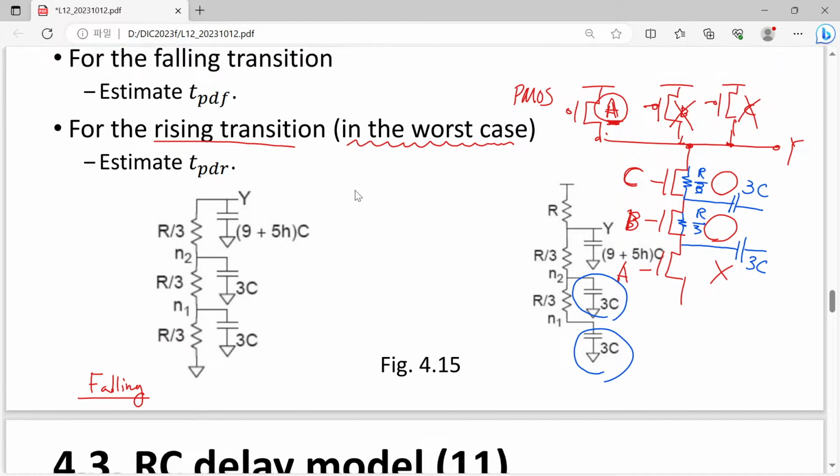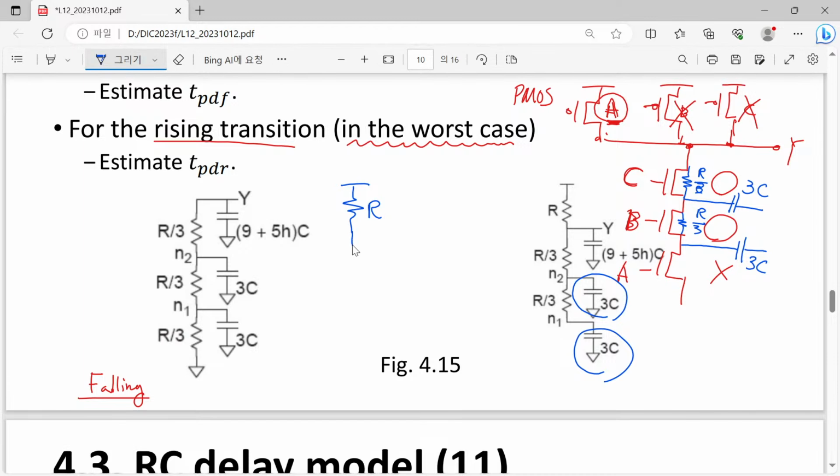So, compared with the case like this, for example, if you have this kind of configuration, 5 times 9 plus 5HC, then what will be the tau? The tau will be 9 plus 5H RC. Your PMOSFET is only required to charge the Y node.